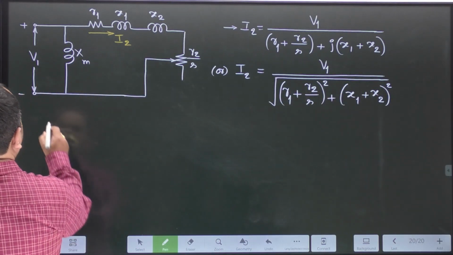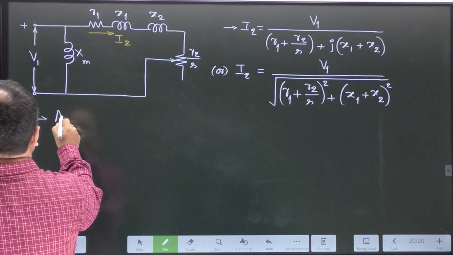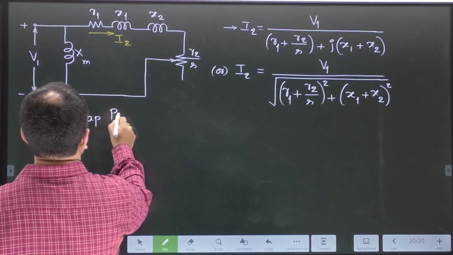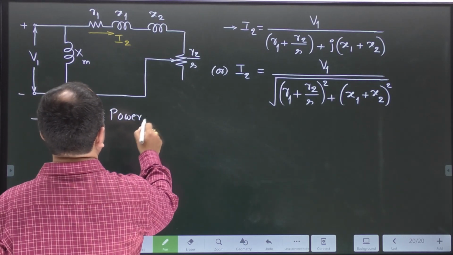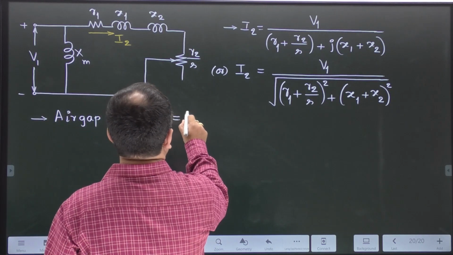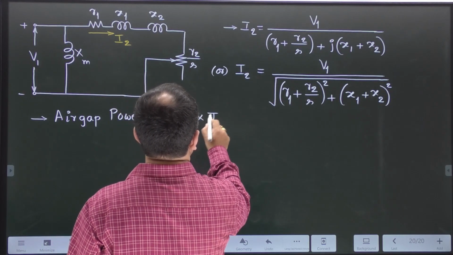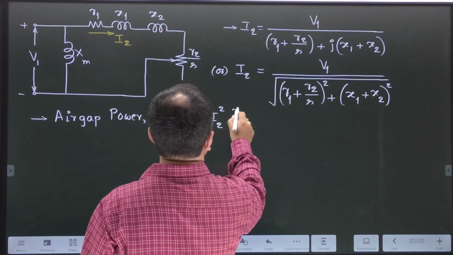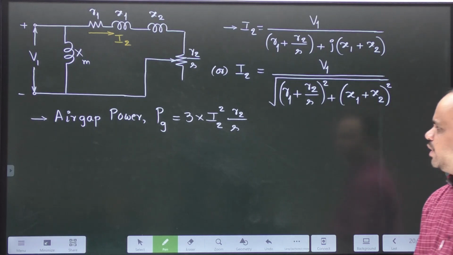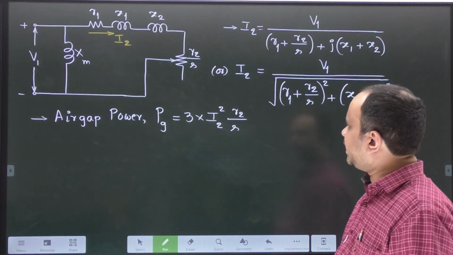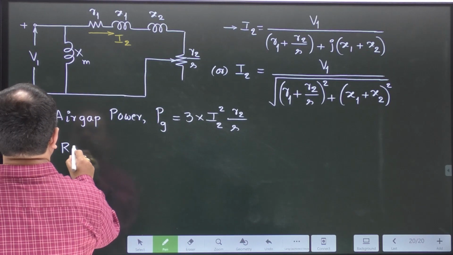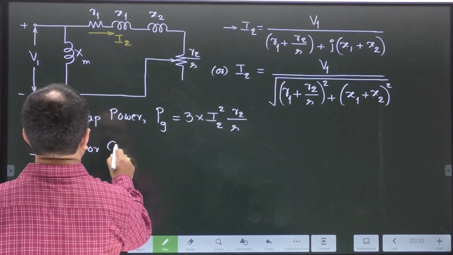Now let us look into power developed in the air gap. Air gap power, let us denote it with the symbol PG. For the three-phase system, it can be expressed as 3 into I2 square into R2 by S. Next, rotor copper loss.